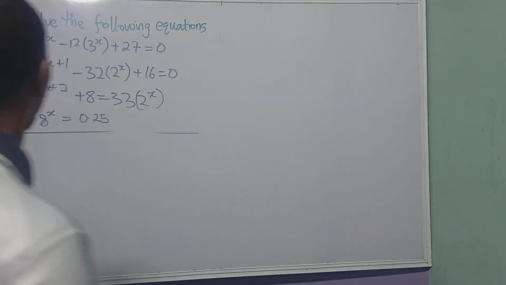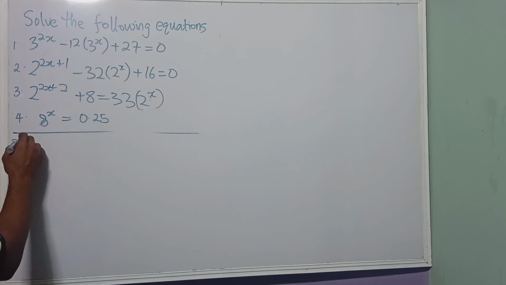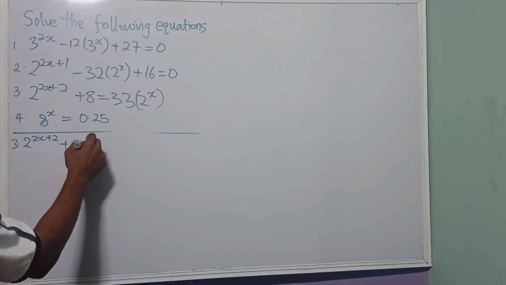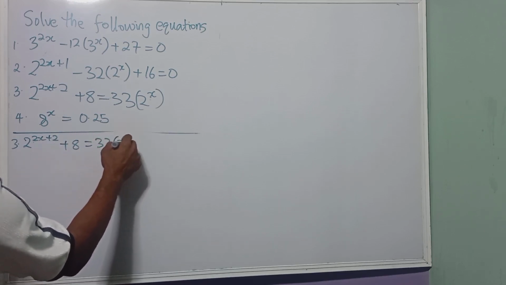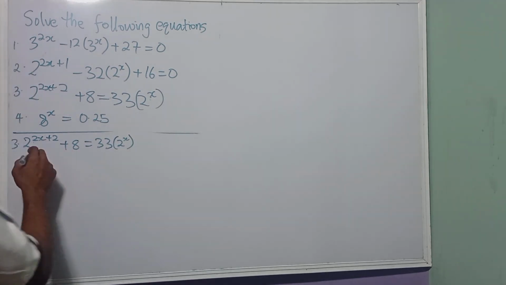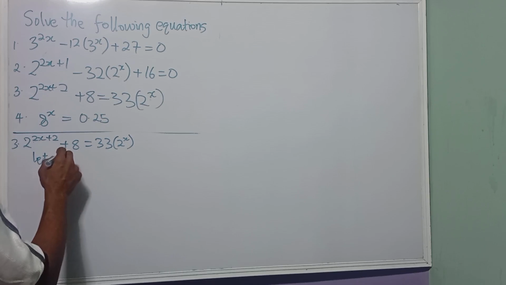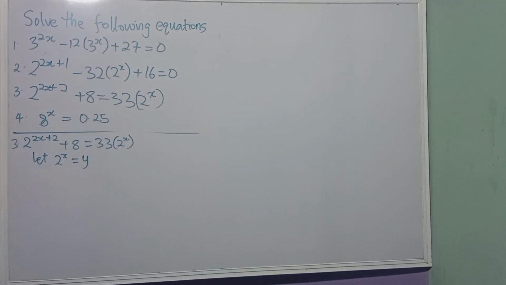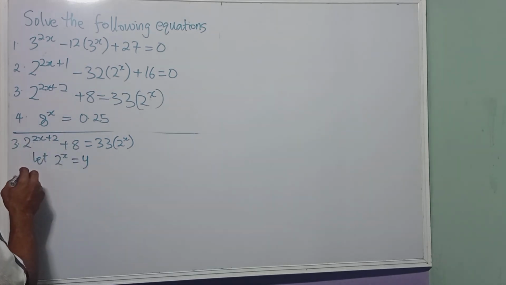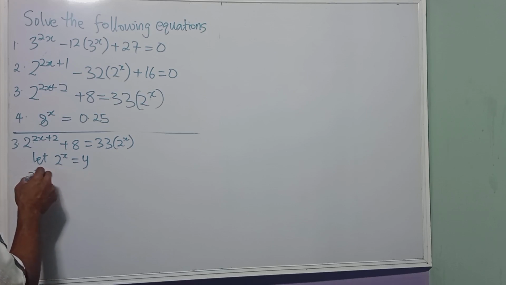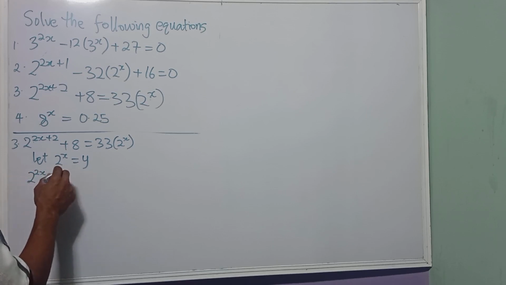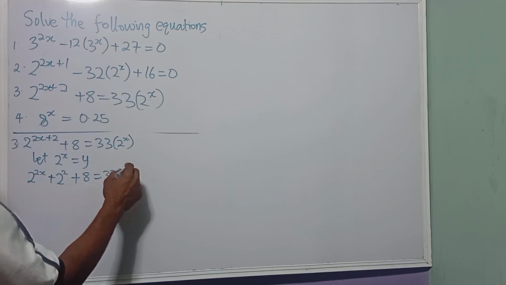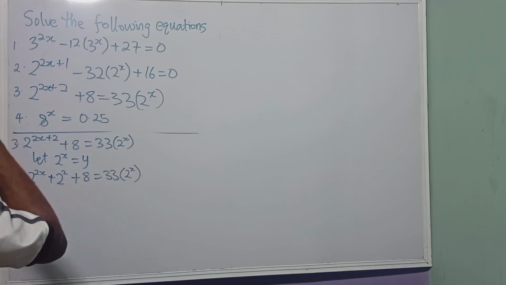Now to the third question, we have 2 raised to power 2x plus 2, plus 8 equals 33 brackets 2 raised to power x. Still the same way, we let 2 raised to power x equal y. Expanding this, we have 2 raised to power 2x times 2 raised to power 2, plus 8 equals 33 brackets 2 raised to power x. So 2 raised to power x is y.